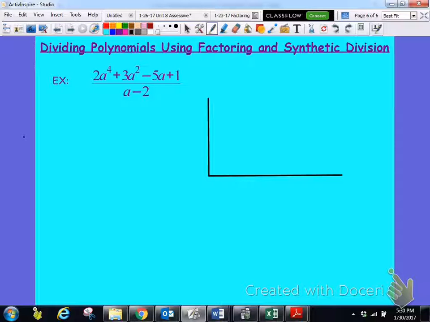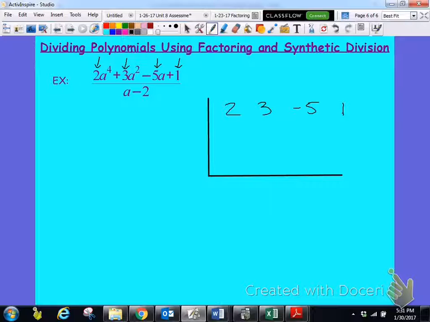Alright, we're going to look at one more problem that looks much more complicated than it is. If you follow the exact same steps, you can complete this problem just like the one before. So, I'm going to start by identifying all of my coefficients and bringing them in. 2a to the 4th plus 3a squared minus 5a plus 1.